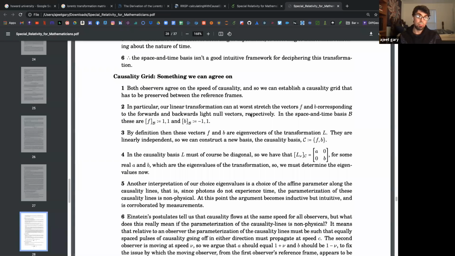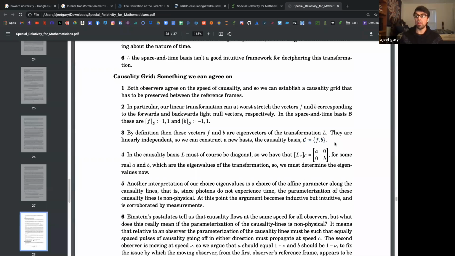Because slope is the inverse of the velocity on our little diagram, we can't rotate them. So all that's left to do in a 2x2 linear transformation is to stretch them. But what are vectors that can only be stretched? Those are eigenvectors. So we have two linearly independent eigenvectors. Fantastic. That's the eigenbasis. It's the best basis you can use. So the eigenbasis is just F and B.